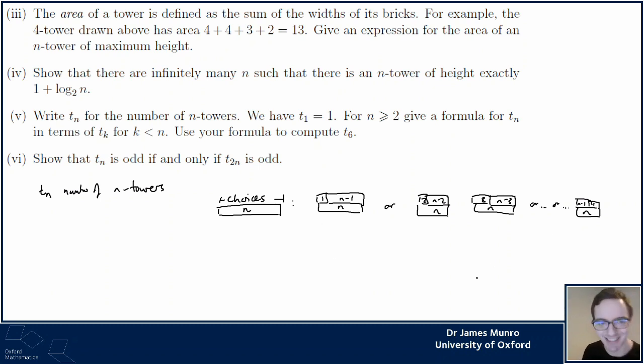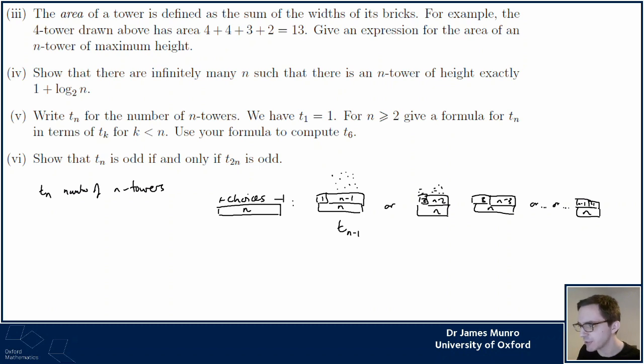Let's think about the possibilities. So in this case, I've put 1 on the left, and I've got an n minus 1 brick, and I've got some sort of possibilities up here, but I don't want to keep thinking about those. I want to use the fact that that is Tn minus 1. That's the number of towers with an n minus 1 brick at the bottom. Okay, what are my cases over here?